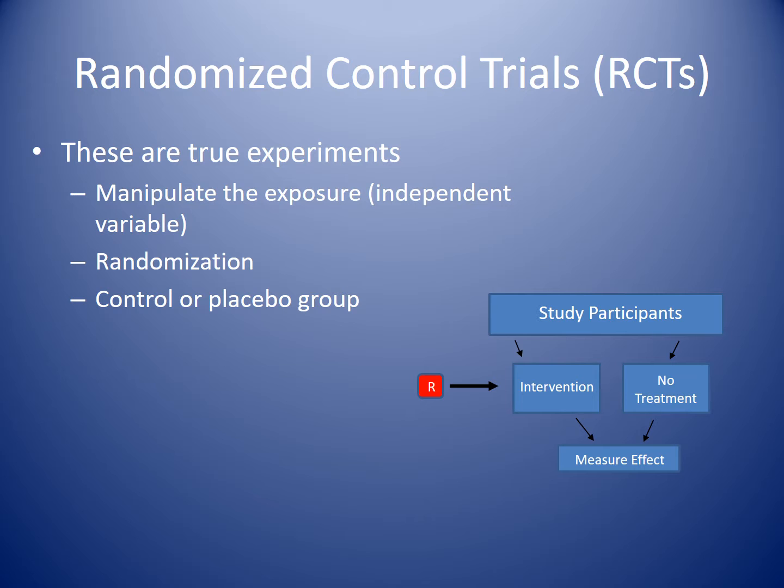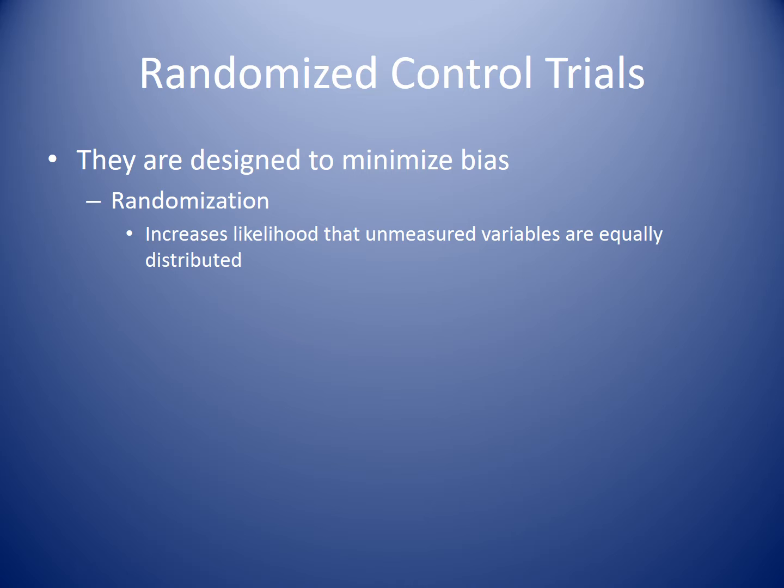Okay, and then you measure the outcome. So these are designed to minimize bias. The techniques that are used are randomization. So say you have 100 people with cancer and you want to test out a new drug, you randomly assign that 100 to either get the real drug or get the placebo, the fake drug.